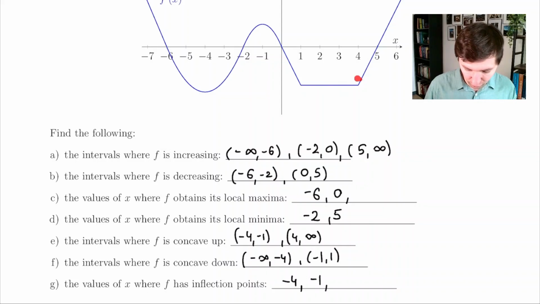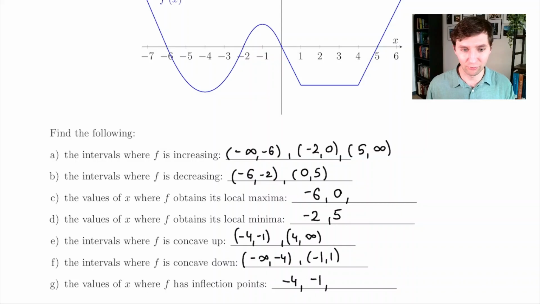Finally, at x equal to 4, the function changes into being concave up again. However, it does not change there from being concave up to concave down or from concave down to concave up. The same way, the function didn't change from concave up to concave down or from concave down to concave up at x equal to 1, which tells you that 1 and 4 are not x-coordinates of inflection points.